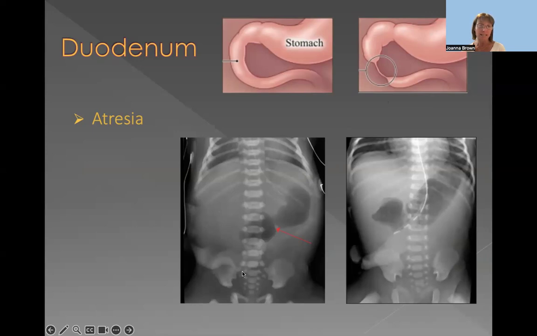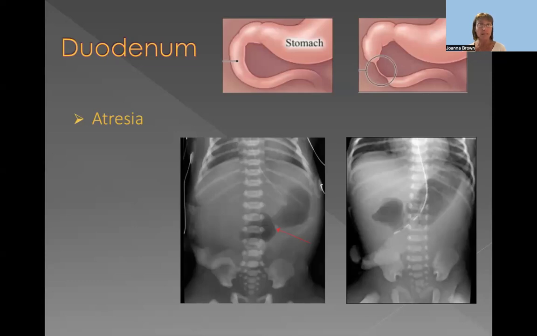This is a classical picture of duodenal atresia with the double bubble sign: the dilated stomach, and the dilated first and second parts of the duodenum, a very characteristic appearance. As you know, atresia means complete obstruction, so we don't have any air visible in the more distal part of the small bowel.